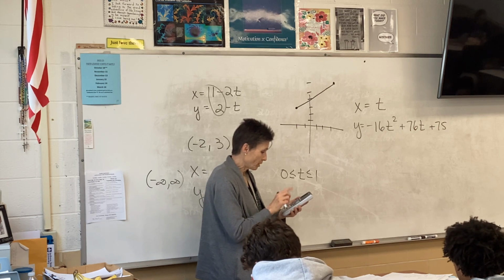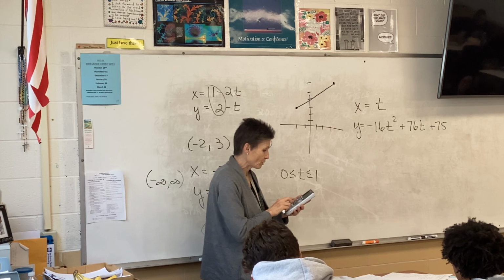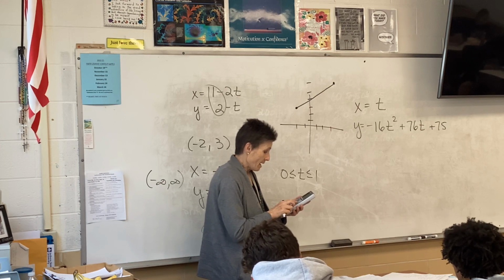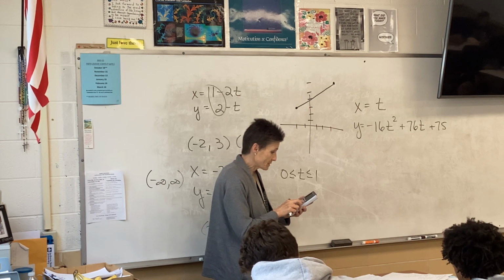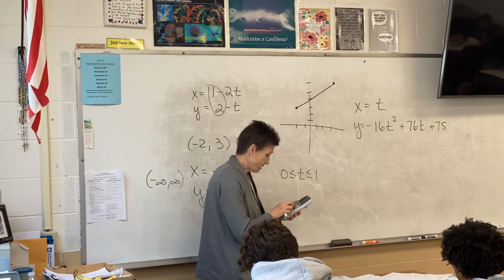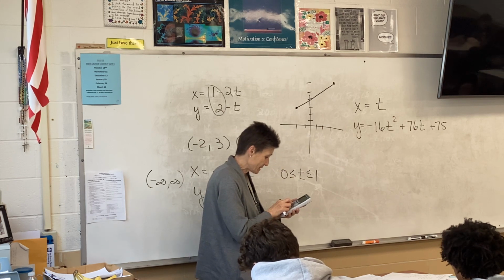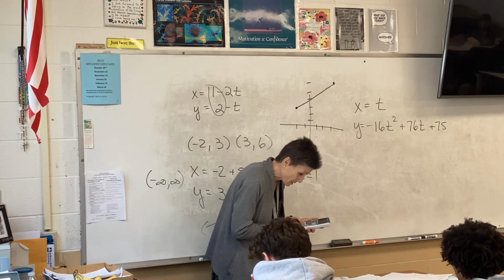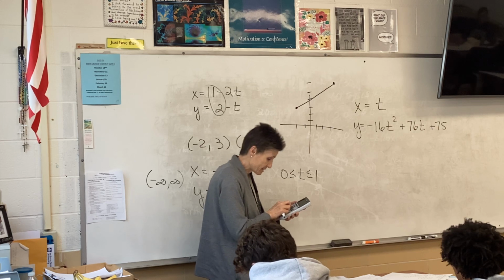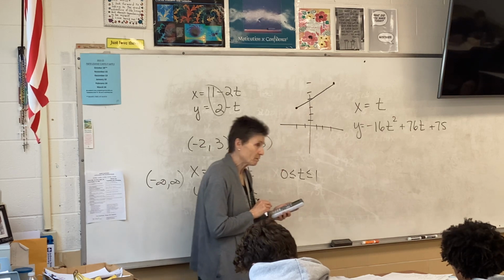Make sure you are in parametric mode, and then type in y equals, and x is t, and y is negative 16t squared plus 76t plus 75. Okay, now I need to do some adjustments with my window.